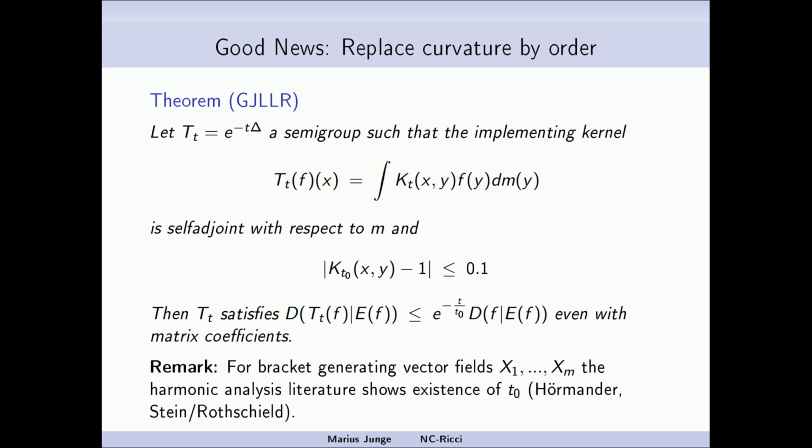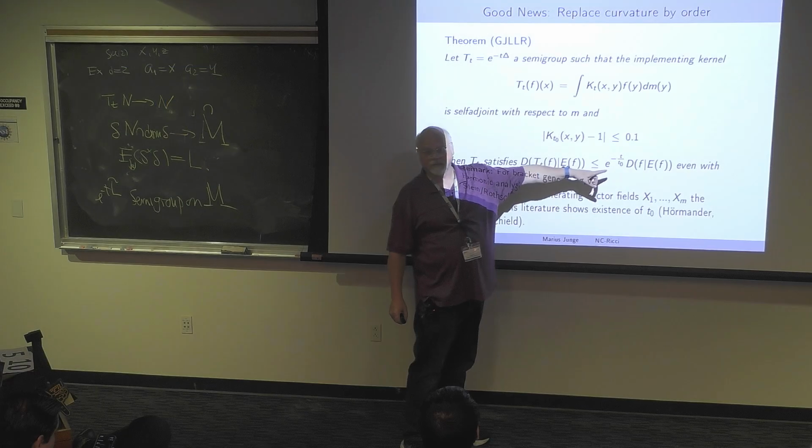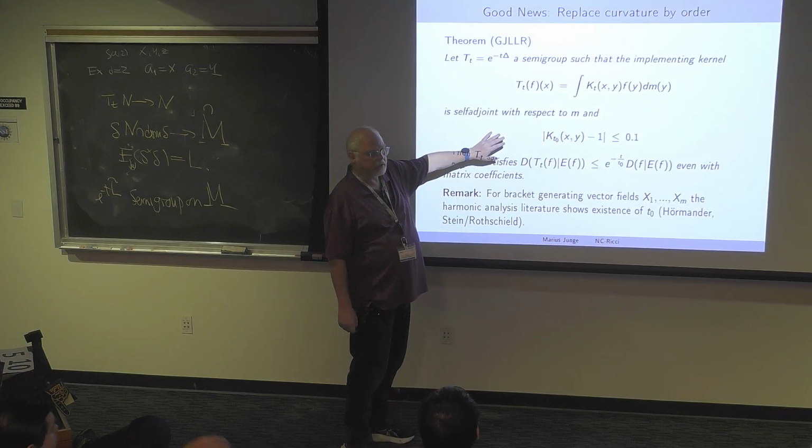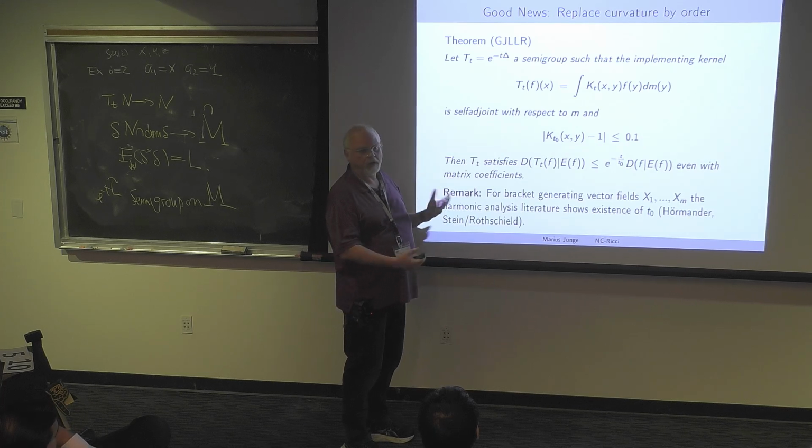If that here uniformly is close to 1, then we have log-Sobolev inequalities. Now, the good news I think about this is we are deriving from a large time estimate a small time estimate. Because this is true for all t, for small t, right? So that's our theorem. We place heat kernel estimates instead of curvature estimates, and voila, it works.